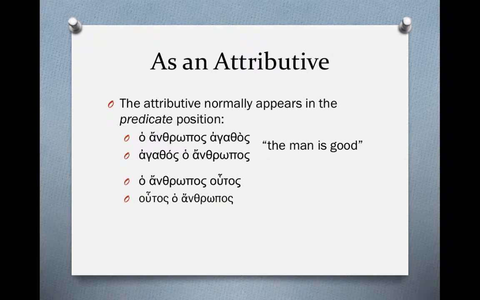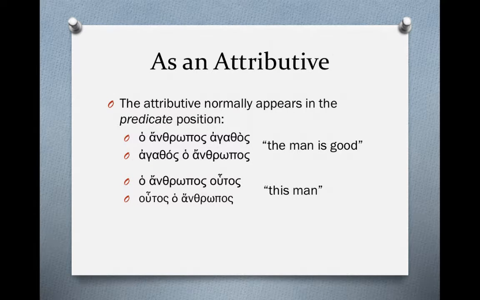Well, if you plug in houtos instead of an adjective like agathos, and by the way, the demonstrative pronoun can be an adjective, you know, "this man," or "this cup," or "those computers," those are all adjectives. So if it's in the predicate position, anthropos has the article and the demonstrative, which is functioning like an adjective, doesn't, it'd actually be translated "this man" as an attributive.